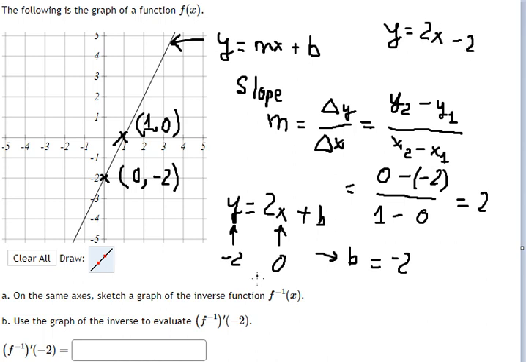Now, the next one, we need to draw the inverse function of this one. So I will put negative 2 to the left, and then we divide both sides by 2.